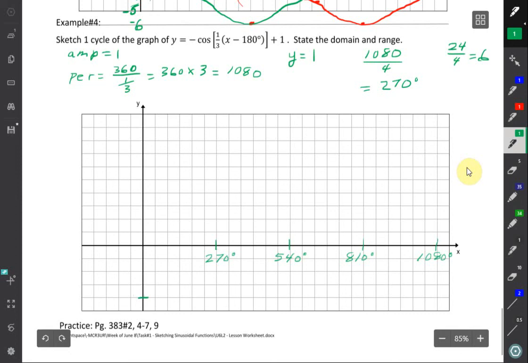Otherwise, it'll look very small on my graph. So every 4, this goes up to 2, and then we have 1 and -1. Now I'm ready to put my line in for my axis. So my axis is at +1.